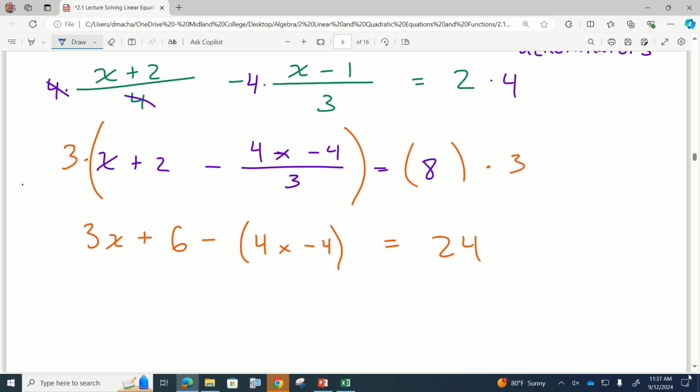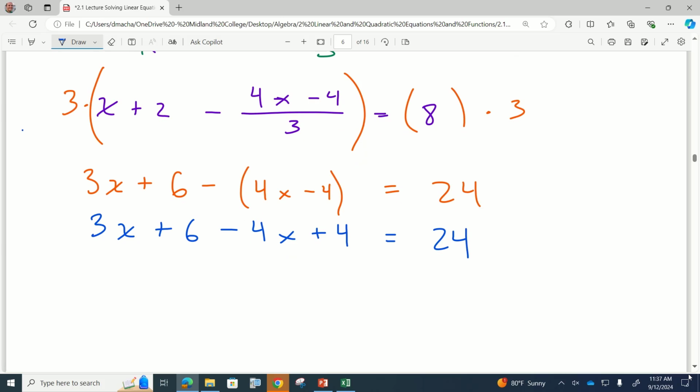If you had a plus sign, you wouldn't really need parentheses, but since I have a minus sign, I've got to be super careful about keeping track of my minus signs. And so this is going to be minus 4x plus 4, because 2 negatives make a positive. That could be an easy mistake to make if you're not careful.